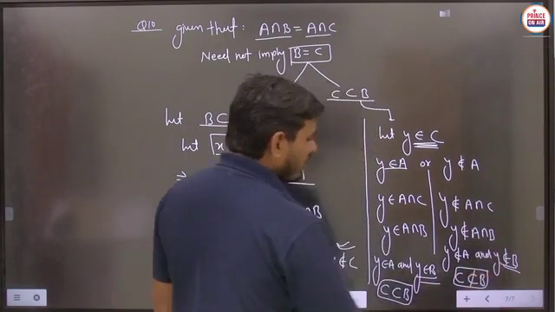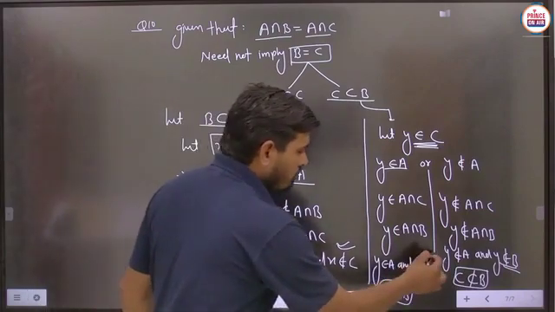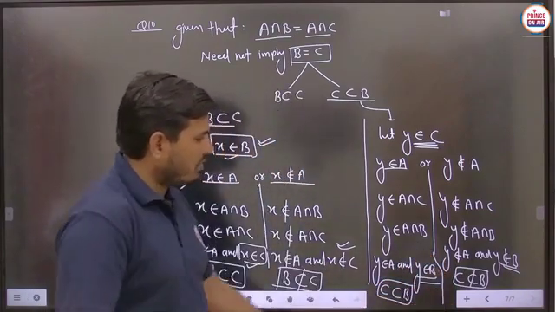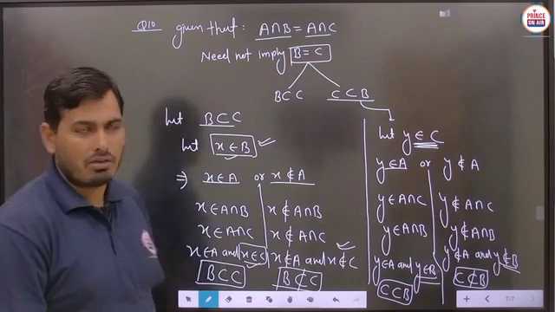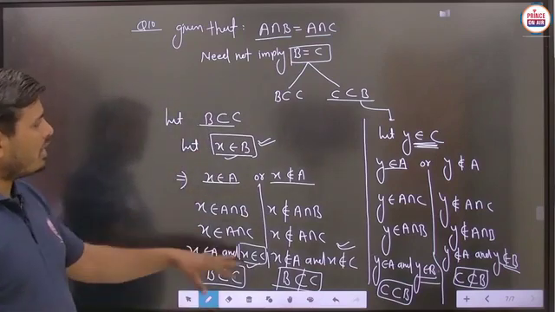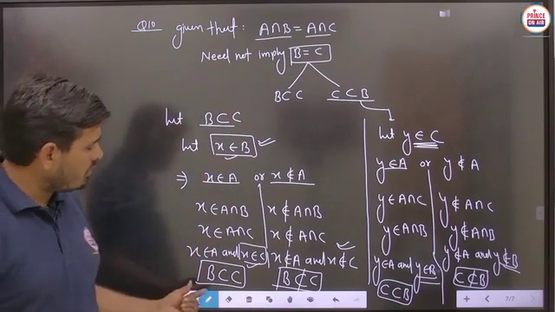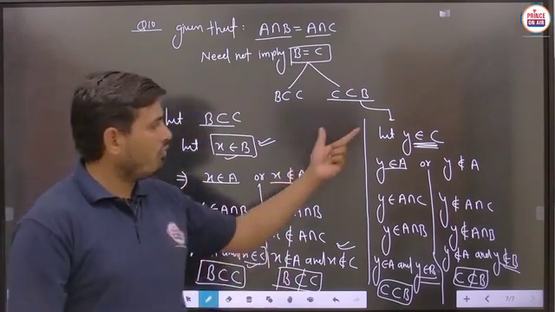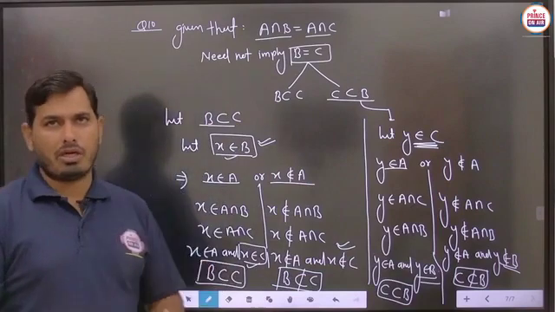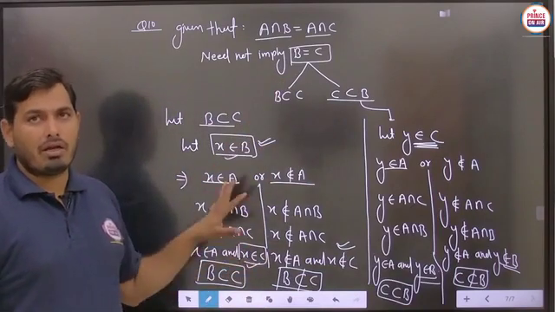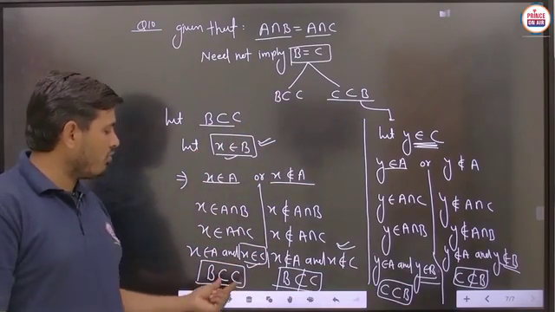So again student, in one of the parts you will get the required condition, but in the second part you will not get the required condition. So in this question, we have to prove these two parts. Suppose in this part we always find B subset of C, and always find here C subset of B, then we can say that B equals C. But here it doesn't happen, because in this case you will get two kinds of results.